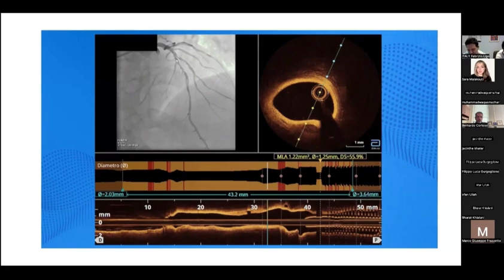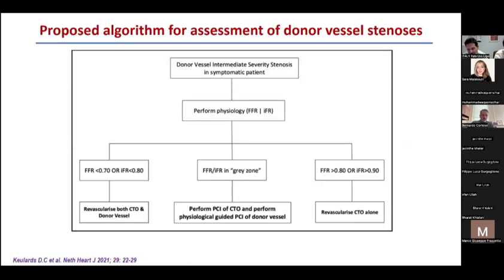So what is this gray zone? I need to understand this gray zone. This is 0.71 to 0.79? The gray zone is between 0.70 and 0.80. Okay, in between. I understand, the middle.